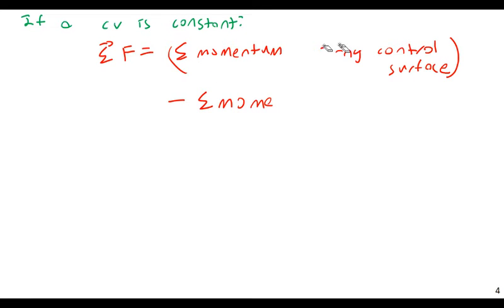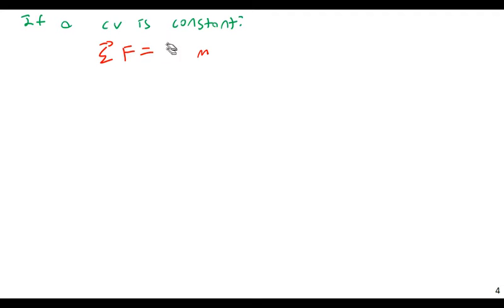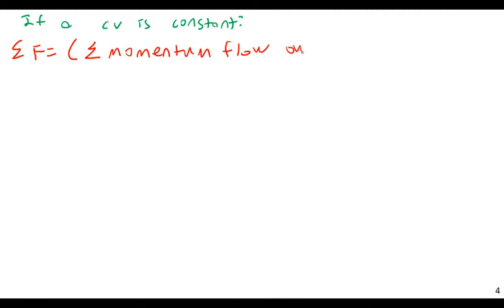Let me just think of it like two big quantities here. This is all looking bad. I was just bunching things together too much. Sum of forces is going to be equal to the summation of momentum flow exiting, or momentum flow out, and I just want to make clear that I'm talking about per unit time, minus a summation of momentum flow in.